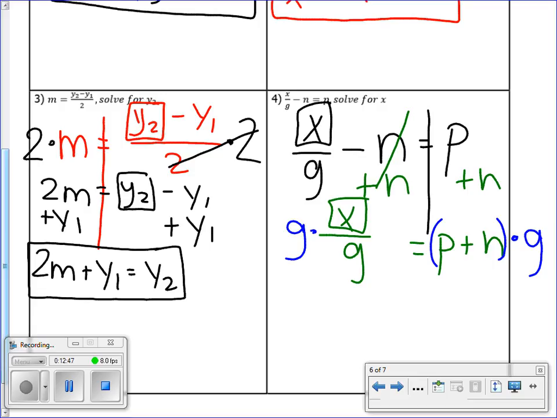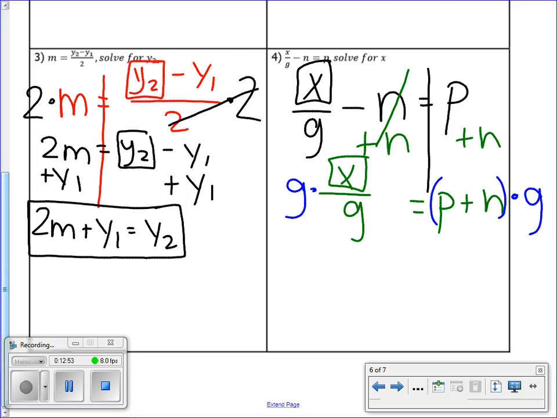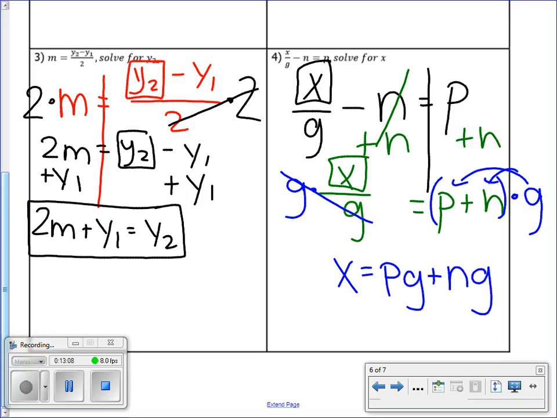That means the p and the n get multiplied by g. On the left, our g's cancel, and our x ends up being all by itself. And you can distribute this through. So p becomes pg, and g times n becomes plus ng. And that is your final answer.